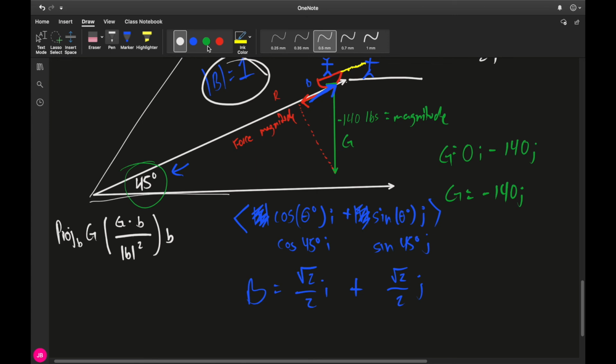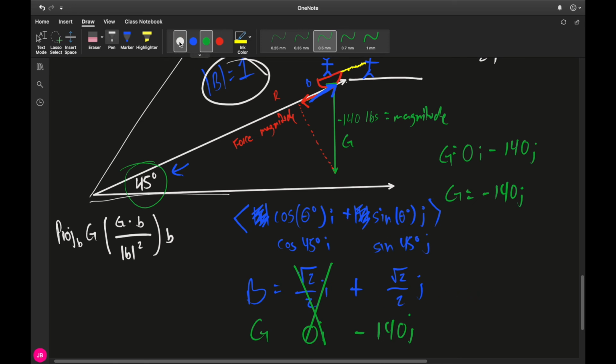And if g is 0i minus 140j, then the dot product is going to be, well, 0 times anything is just going to cancel out. And then we're going to have to multiply these together.